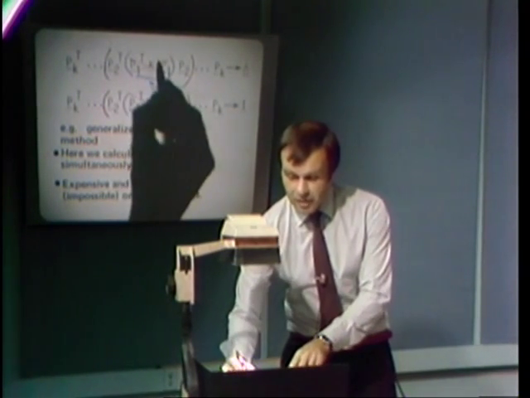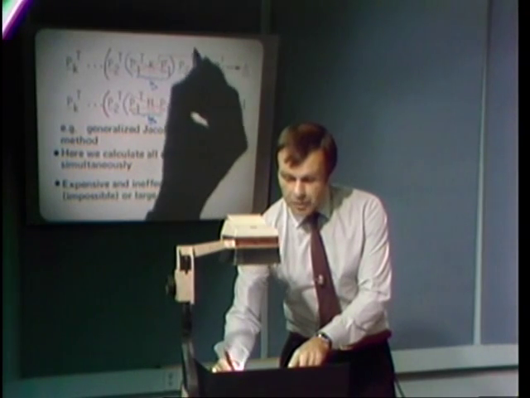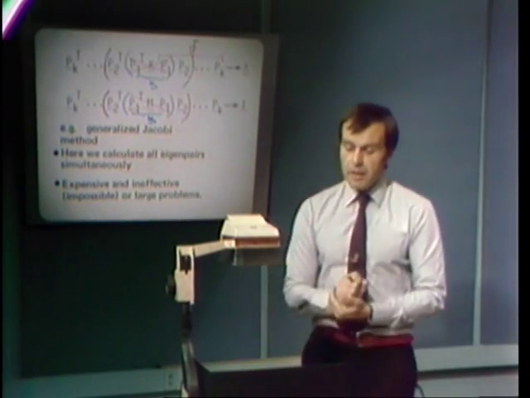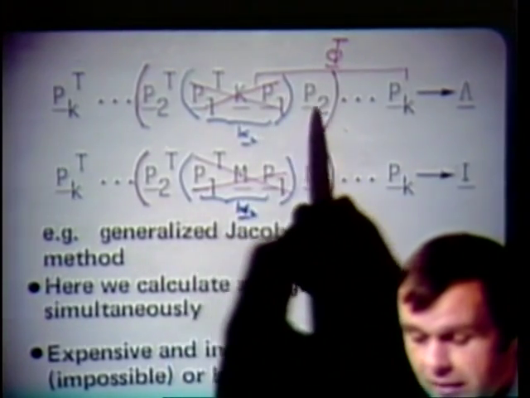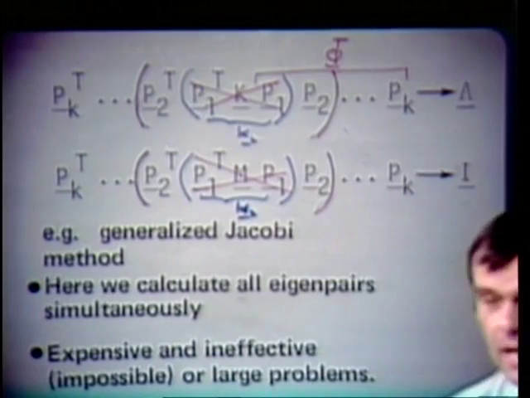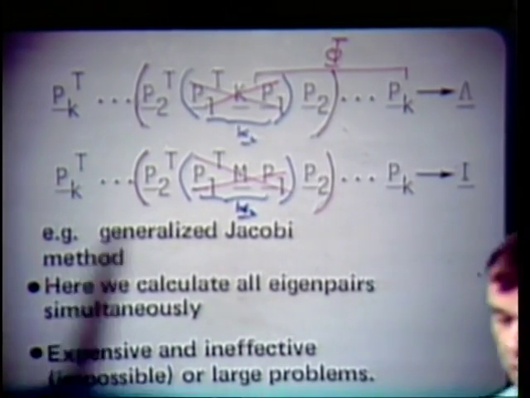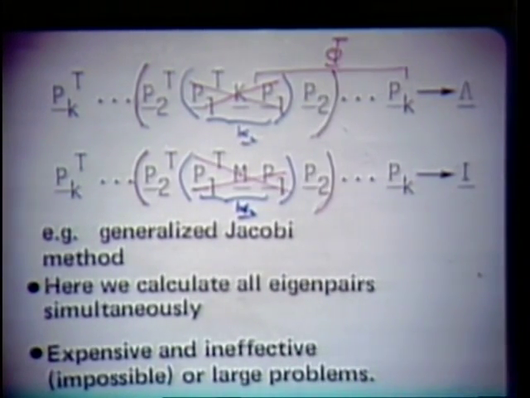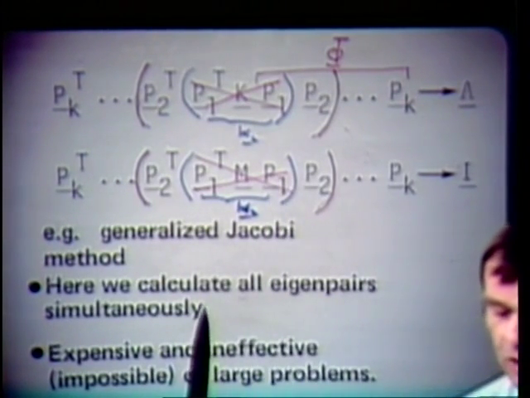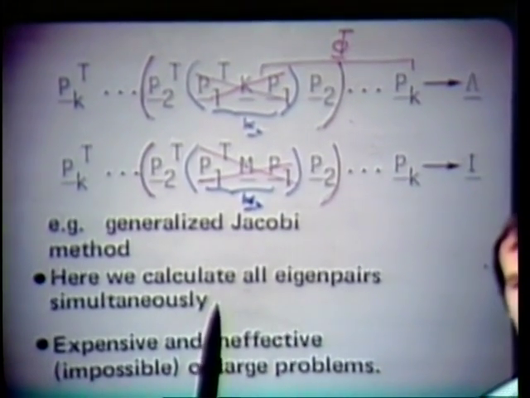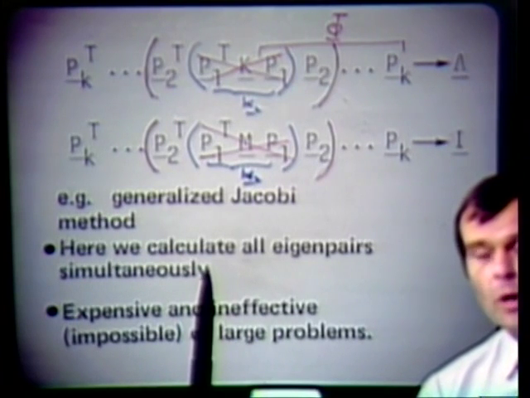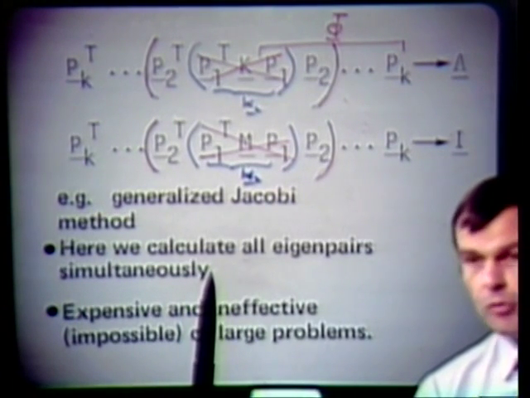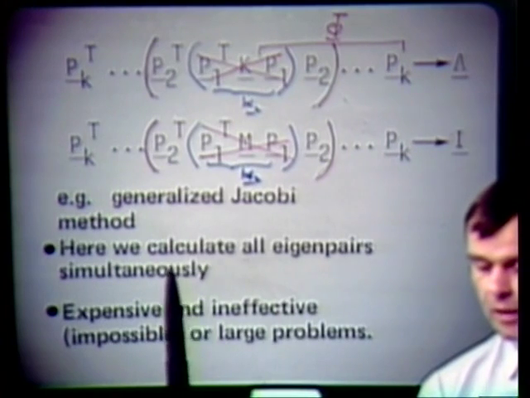This is the matrix phi, which is P1 times P2 up to Pk after k steps of iteration. This gives us the matrix phi, storing all of the eigenvectors. So the disadvantage is that we're calculating all of the eigenvalues and eigenvectors, which in finite element analysis is hardly ever required. All we want is a certain number of the total number of eigenvalues and eigenvectors.